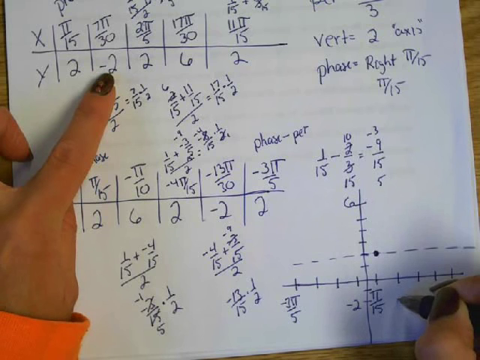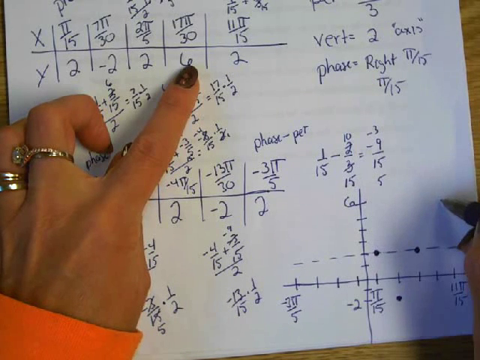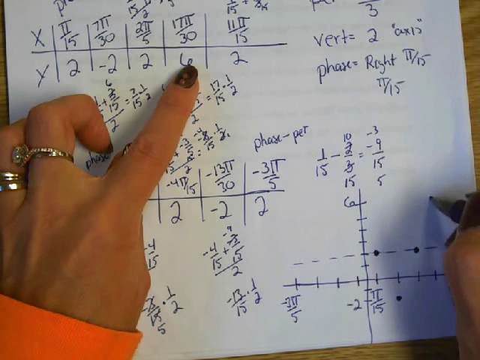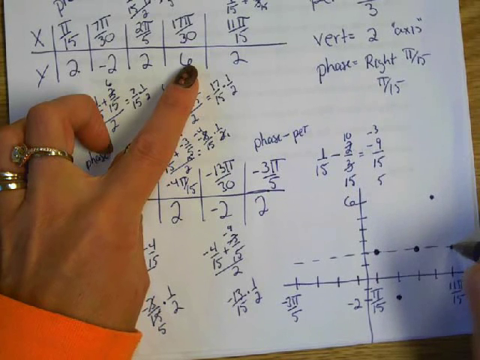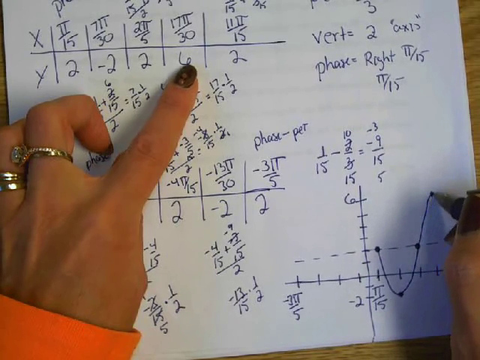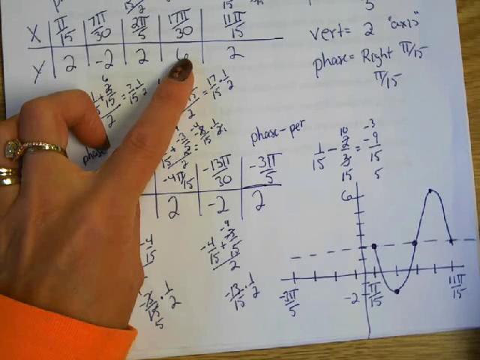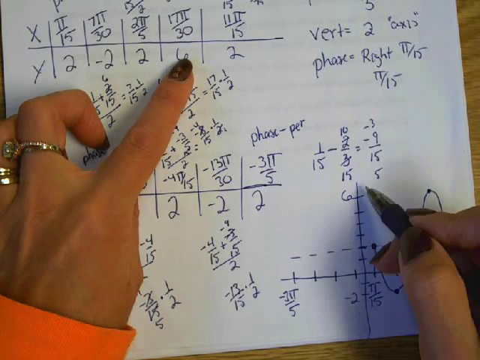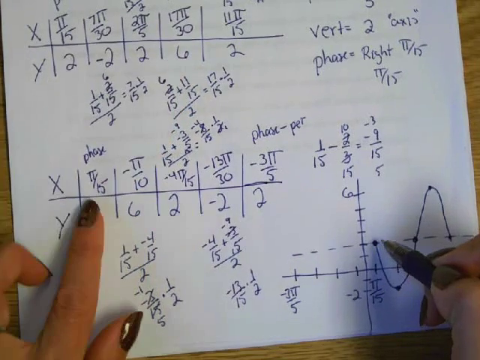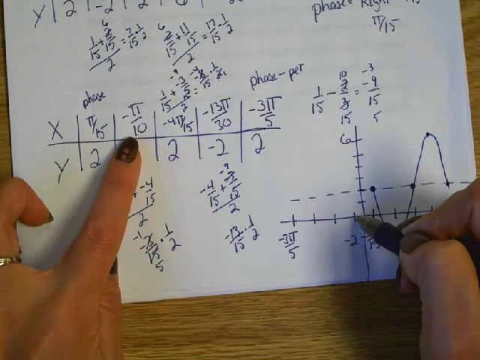Then it goes down to negative 2. Back to 2. Up to 6, and then back to 2. Now be careful, don't put a dot on the y-axis. Here's my pi over 15. Then the next tick mark is negative pi over 10.